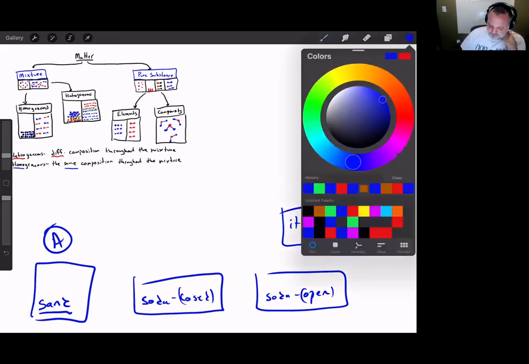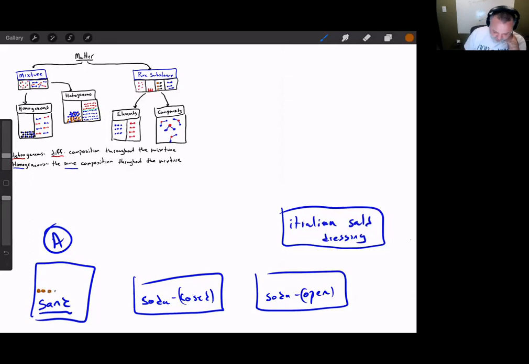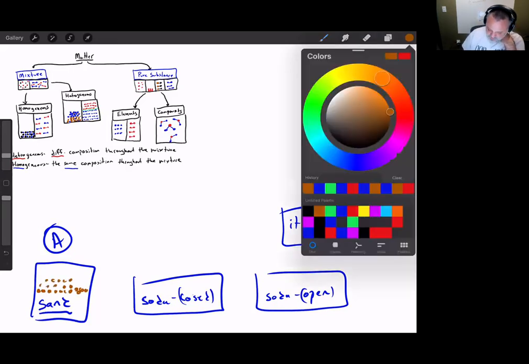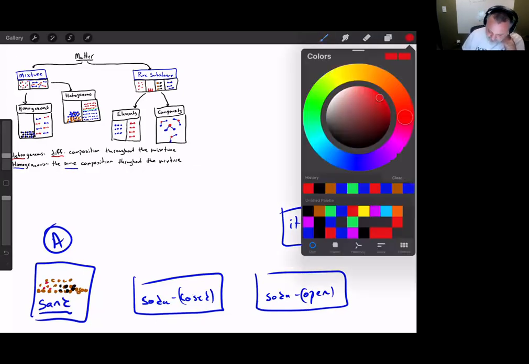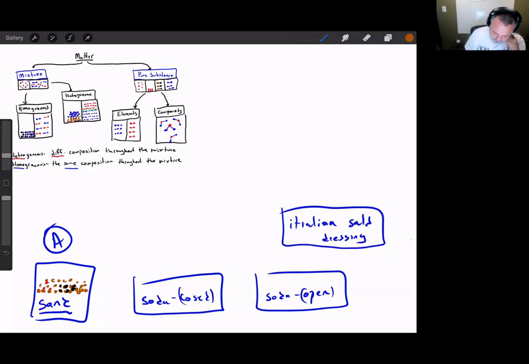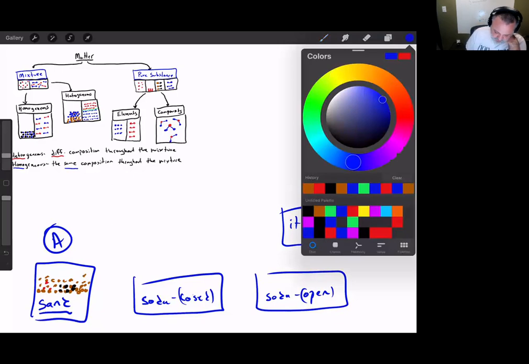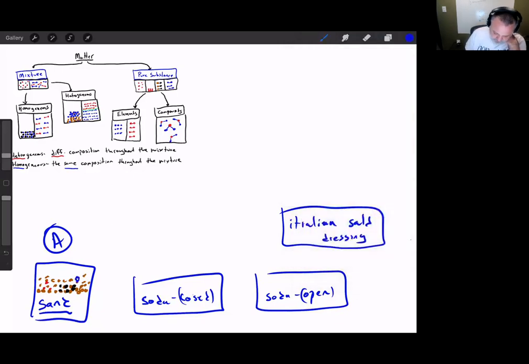So let's draw a picture of some beach sand. Got some sand particles. Maybe there's some chunks of black stuff over here. Maybe that's some tar. Maybe I've got some other red things there. Maybe I've got a little piece of a seashell right here, another little piece of a seashell right there.